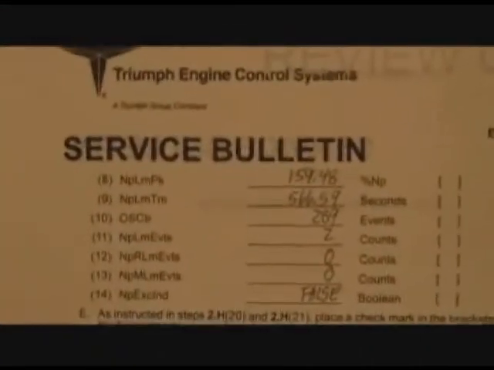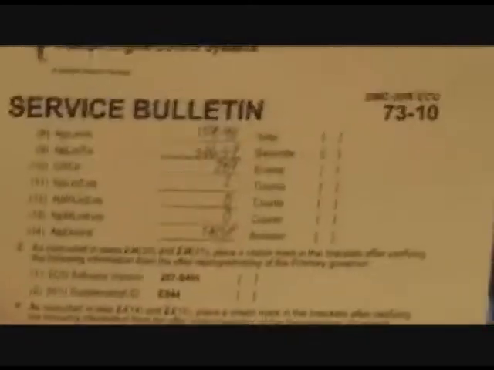For the bulletin, then, you will mark down on Appendix A and check the box showing that the ECU software version is indeed correct. So we'll check that.